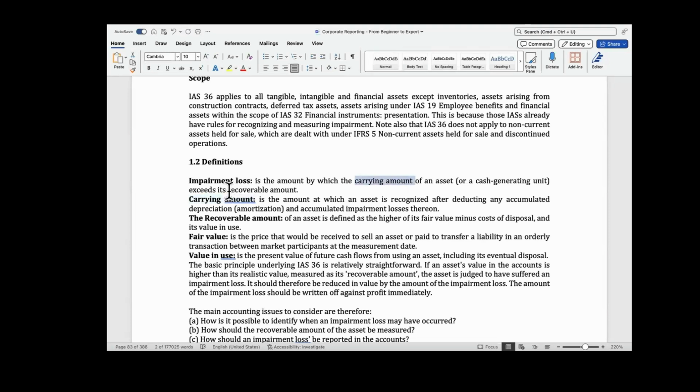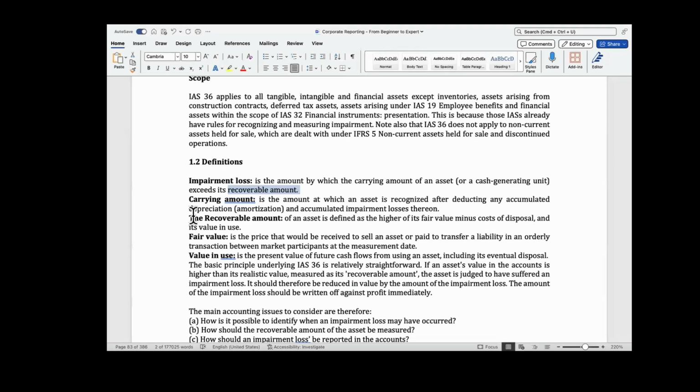However, recoverable amount, from the name, means how much you can recover from an asset. And recovering from an asset would either be from the continuous use of that asset or from the sale of that asset. So recoverable amount is the higher between how much you can get from either selling an asset or continuing to use an asset.